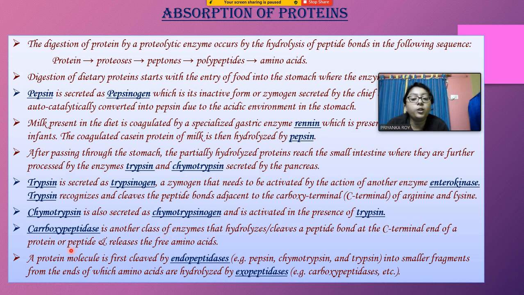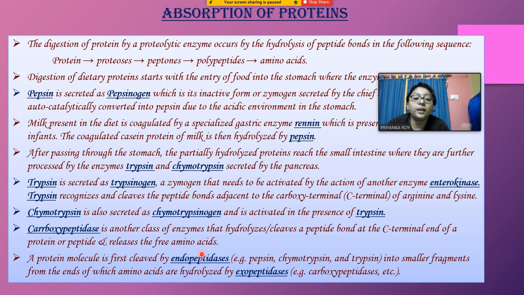And a protein molecule is therefore first cleaved by endopeptidase into smaller fragments, from the ends of which amino acids are hydrolyzed by exopeptidases. So, endopeptidase means the peptidase or proteolytic enzymes that can cleave the protein molecule internally as well.